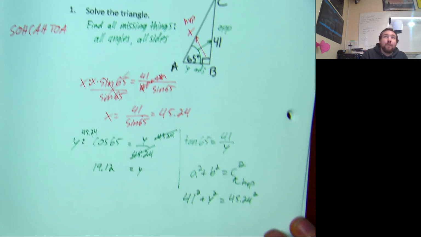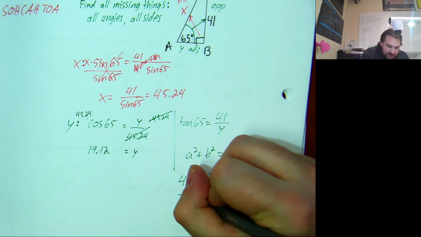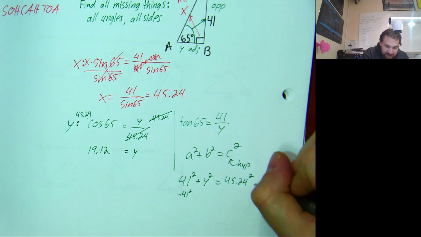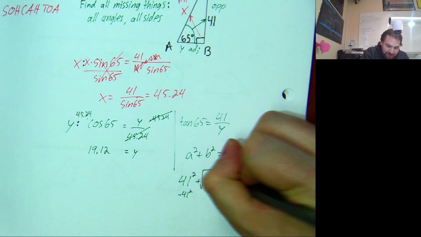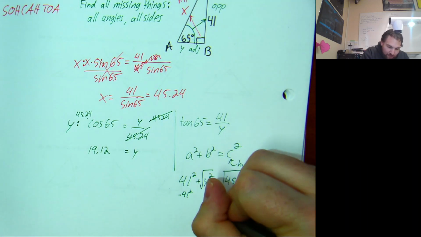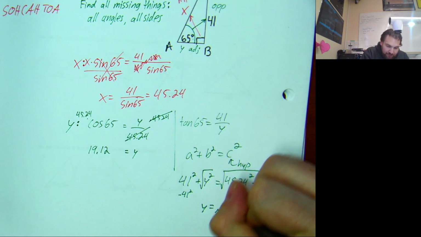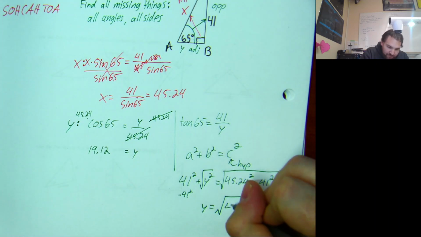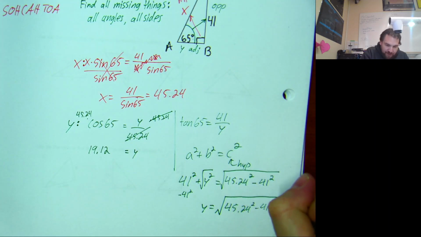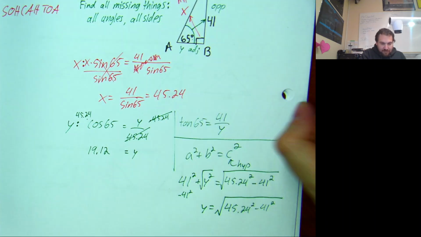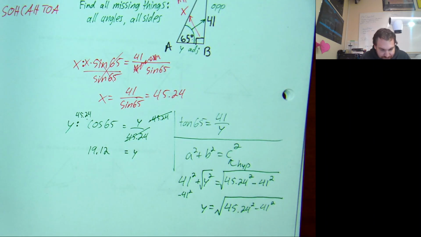To solve for y, I subtract 41 squared on both sides and take the square root of both sides. So y equals the square root of 45.24 squared minus 41 squared, which is 19.12.